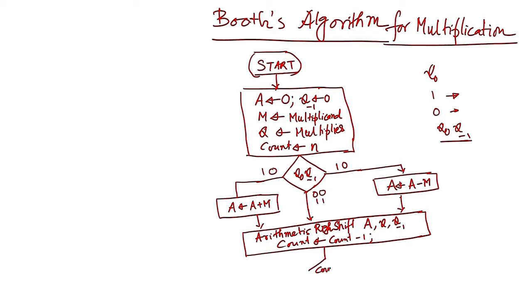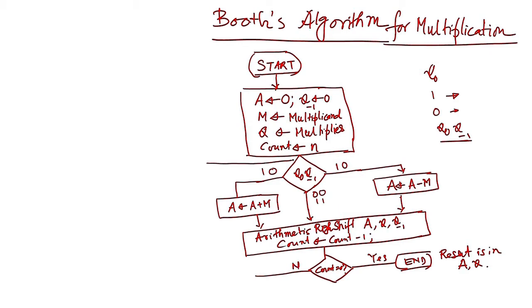Now, we will check whether count is 0 or not. Okay. If it is 0, yes, we are done, and the result is in register A and Q. And if it is not 0, then we will check this one.